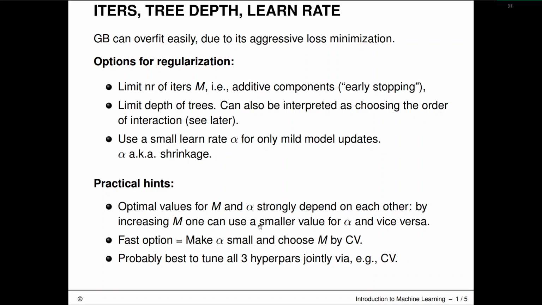It's quite obvious that setting one parameter will influence a good or optimal setting of the other one. A fast option, often recommended especially in the statistical literature for algorithms like component-wise boosting, which we'll discuss at a later point, is to make alpha small and then choose the number of boosting iterations by some validation set technique like cross-validation.